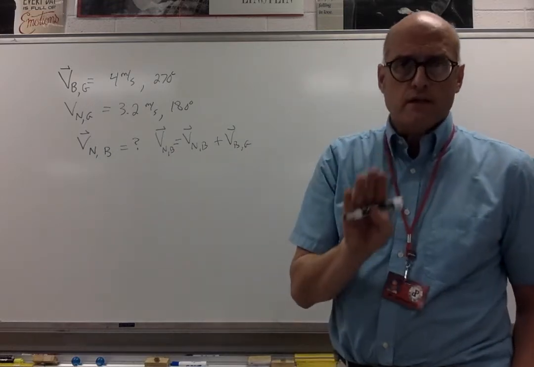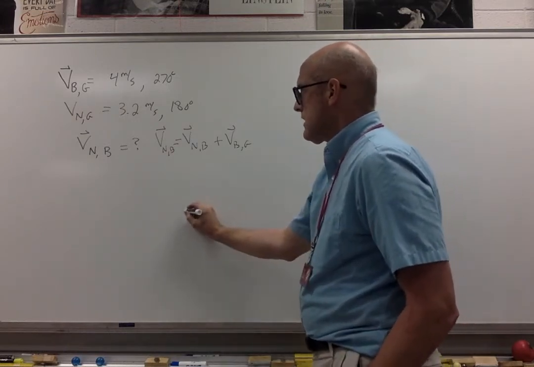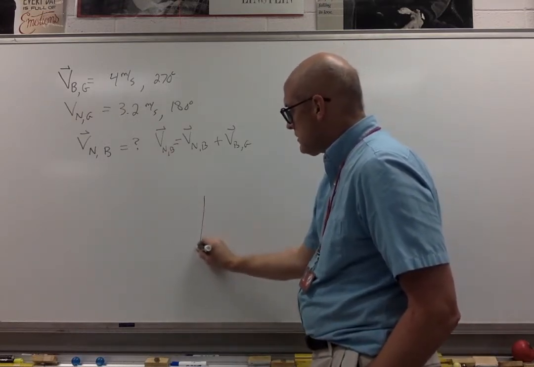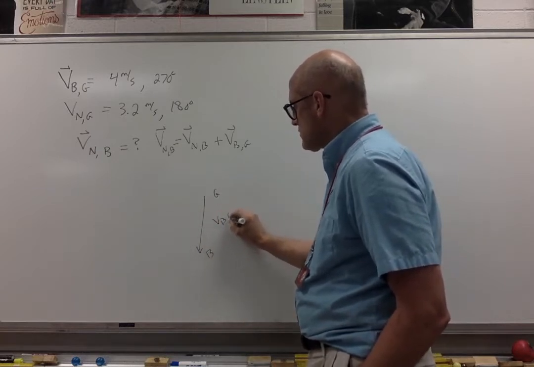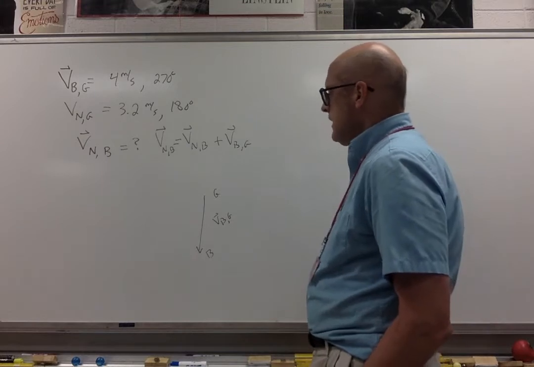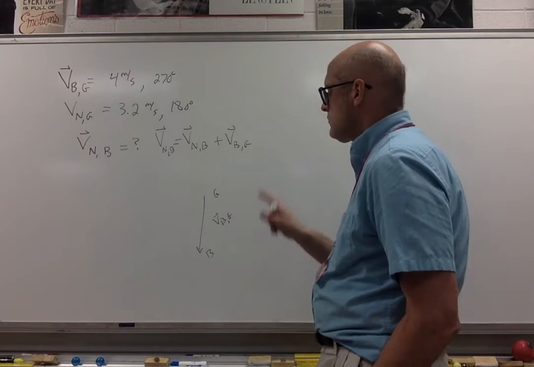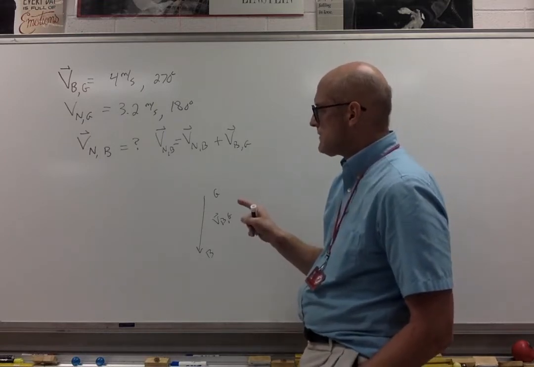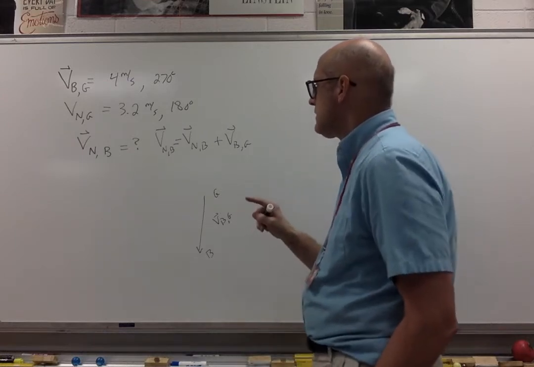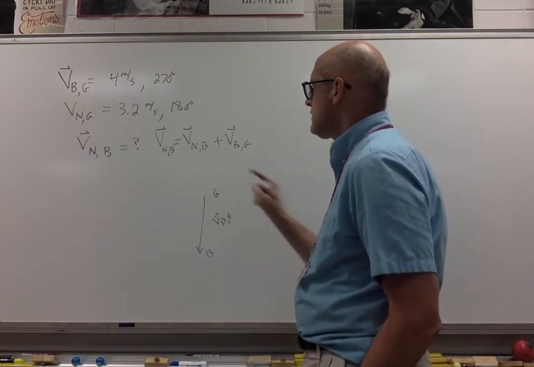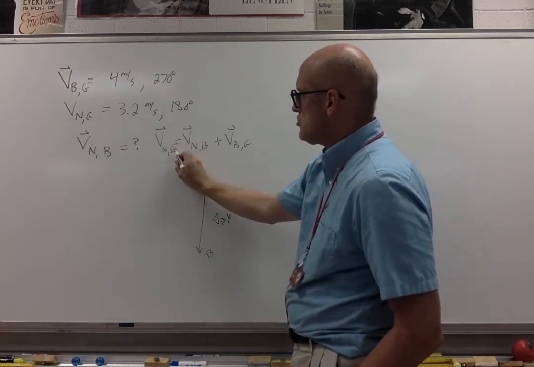Now I'm going to draw a sketch, just a rough sketch of this situation. So we have Barbara, VBG, with respect to the ground, and we add to that VNB, which is the unknown, and we should get this, which should be VNG.